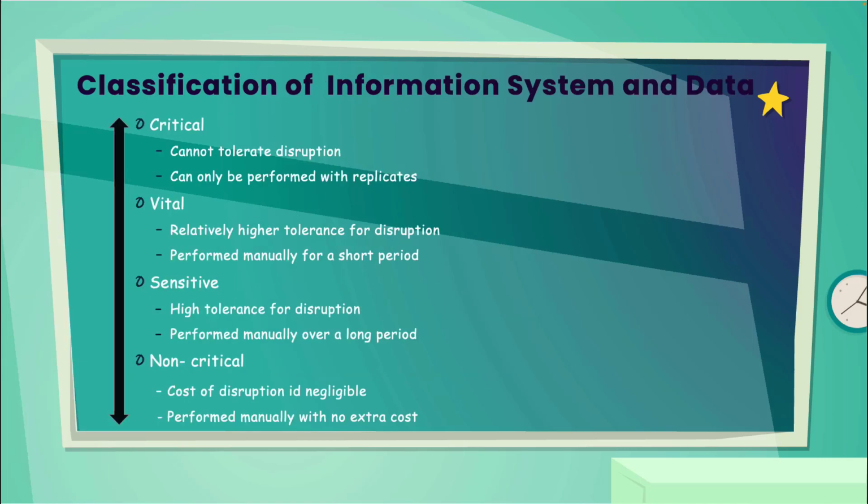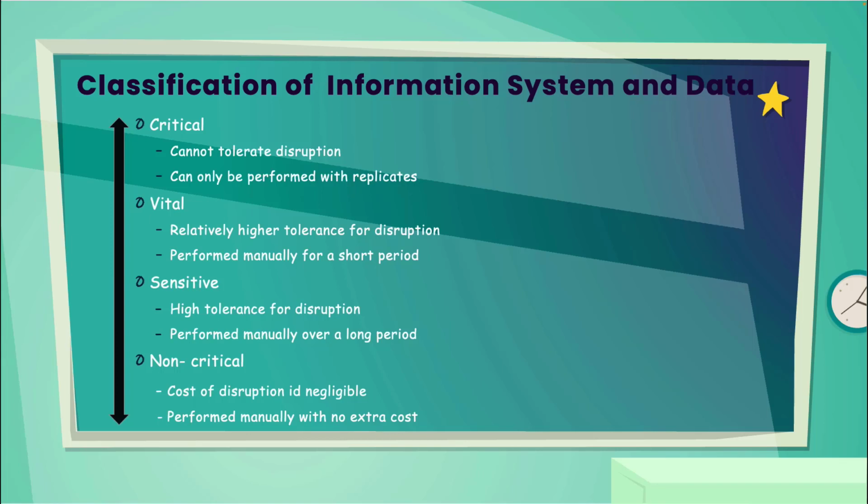Contingency planning begins with data classification. You can classify your data or you can classify your systems. It is up to you, but the same approach applies. You can classify your systems as being critical, vital, sensitive, or non-critical. You can do the same for your data.